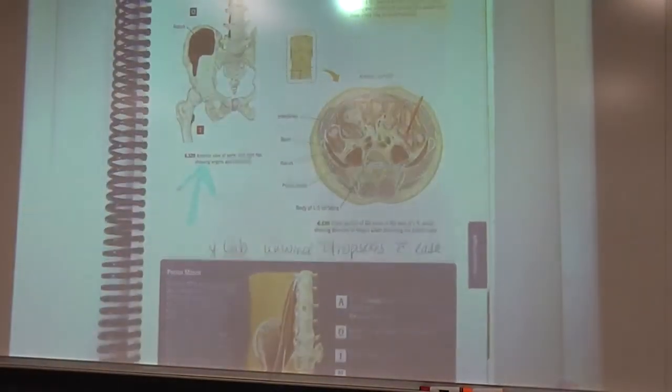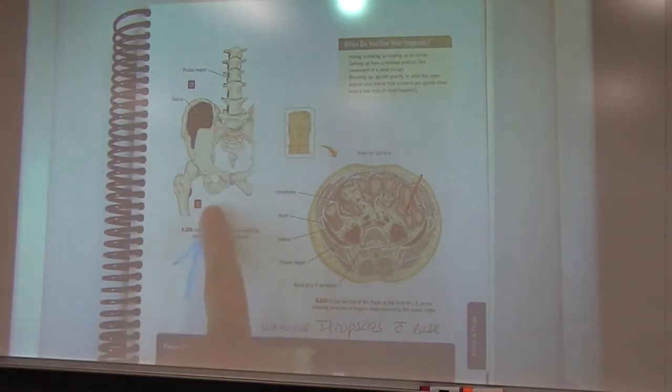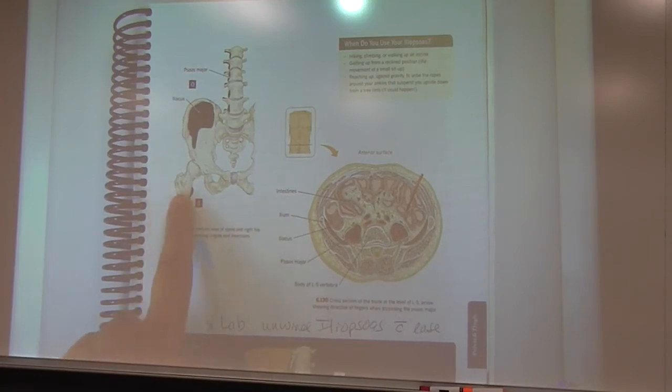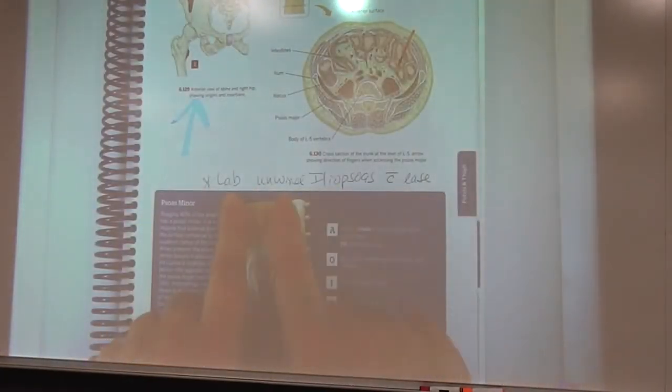On the top of the next page, 333, we have just the black and red, or the simple origin and insertion, same site, lesser trochanter, which is directly opposite but inferior to the greater trochanter. Notice what I have written here.